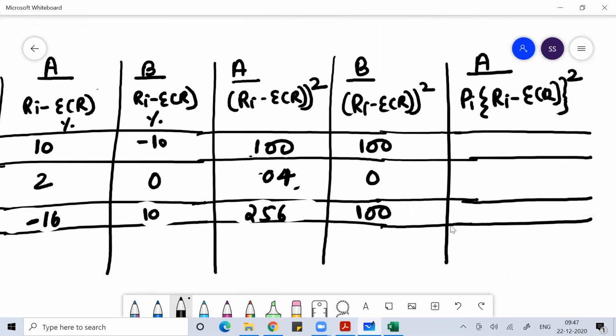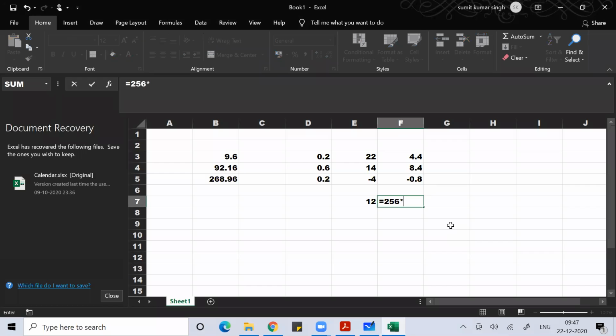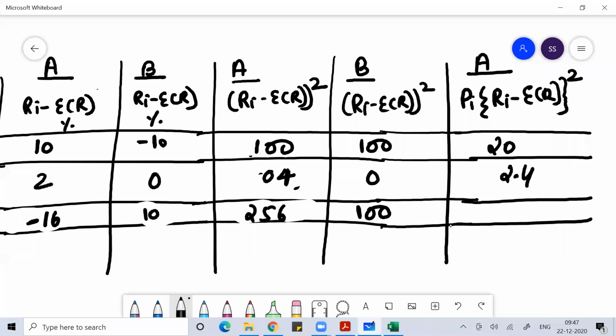We did the square. Now we multiply with 0.2. 100 into 0.2, how much will you get? 20, right? 4 into 0.6 means 2.4, and 256 into 0.2 is 51.2.